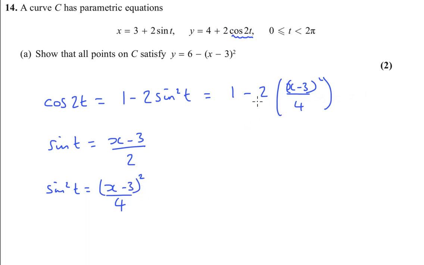Hope that makes sense. So what we can then do is bring in this y equation, and we can write down that y is equal to 4 plus 2 lots of cos 2t. But 2 lots of cos 2t is 2 lots of this. So 2 lots of 1 minus, I'm going to cancel this 2 over 4 down to a 2, x minus 3 all squared over 2.